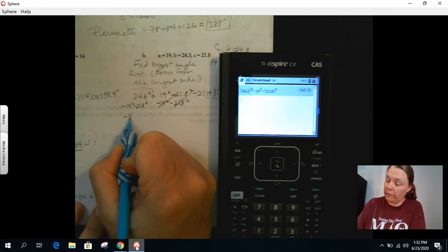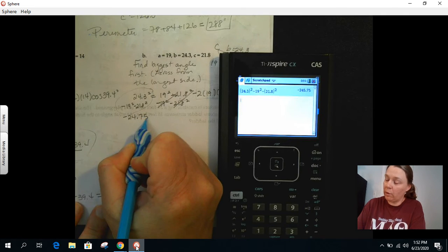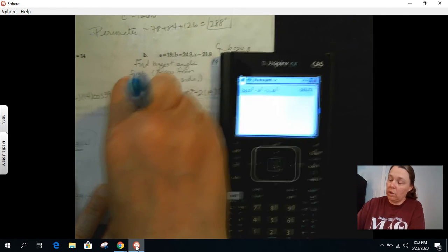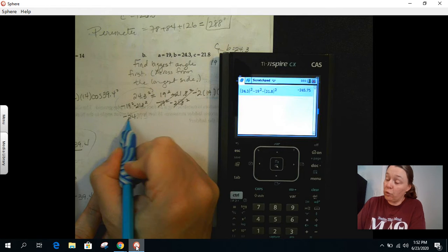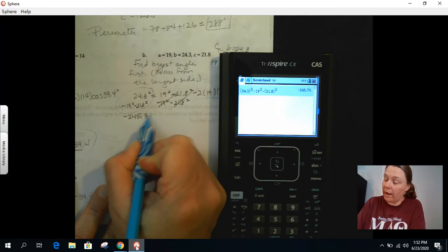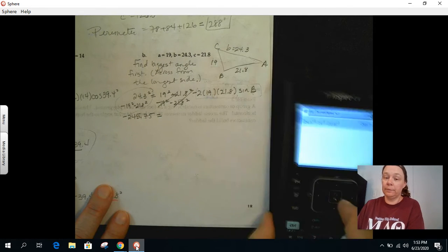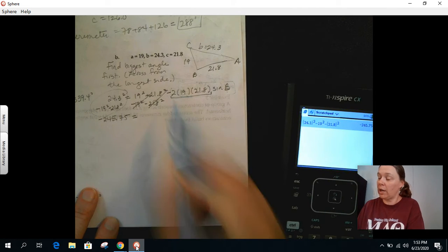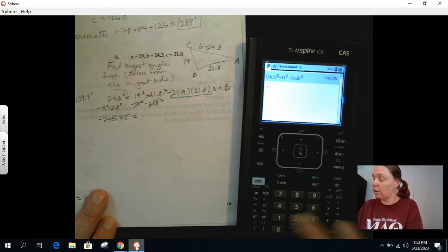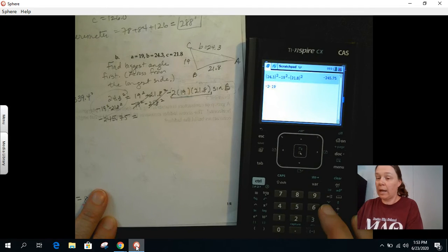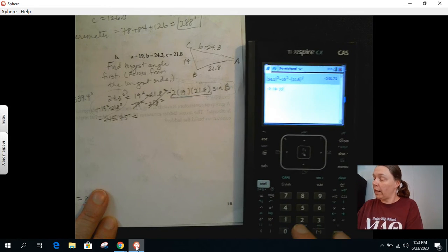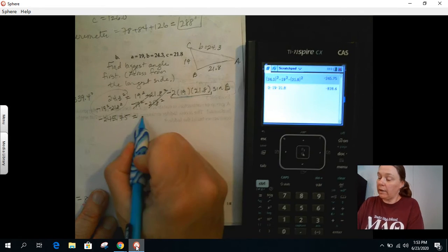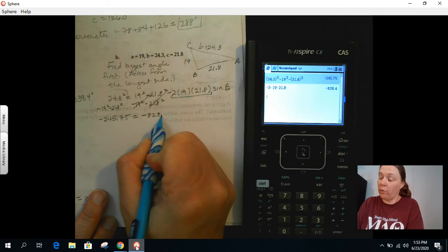So negative 245.75. Whoops, I forgot the 5. Negative 245.75 equals. Then I would figure out what this product is. That's going to be my coefficient on the cosine of B. So I'd have negative 2 times 19 times 21.8, which is negative 828.4.